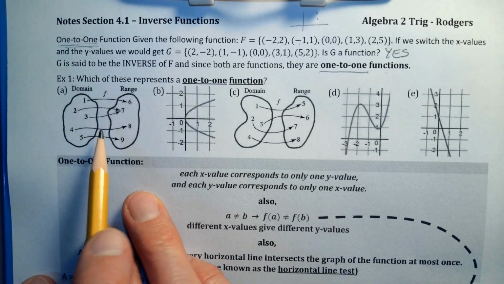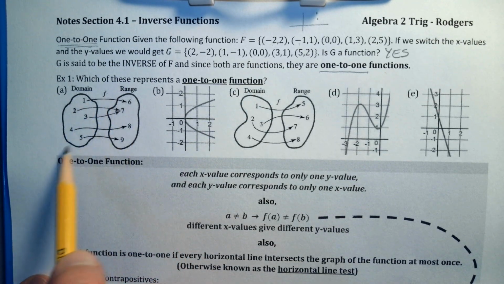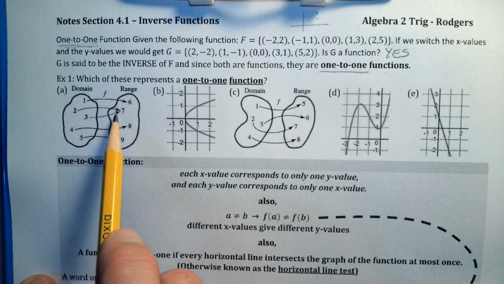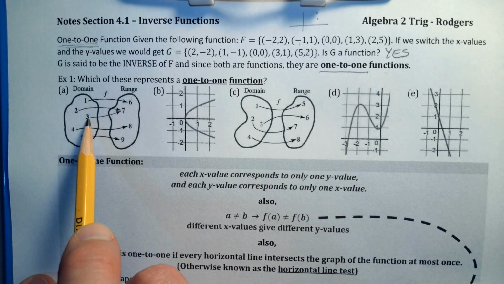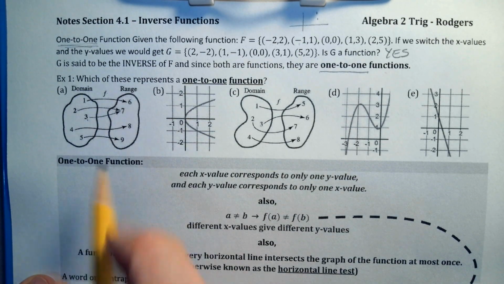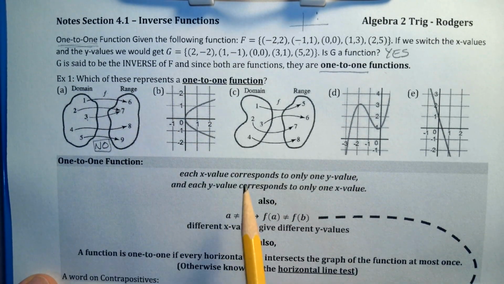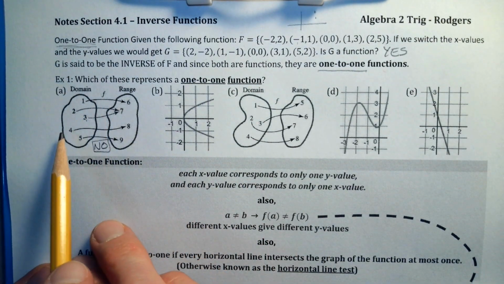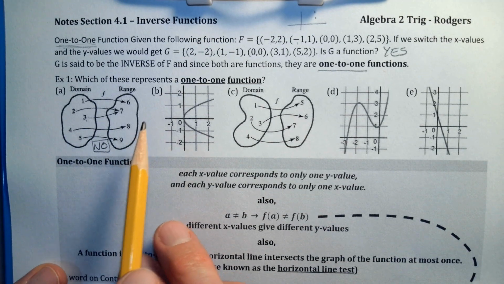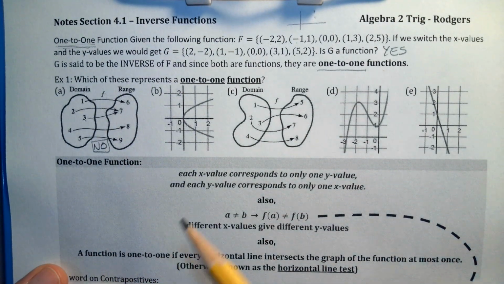But now if we took the inverse of f, the arrows are going the other way, and we would have 1 x value with 2 different y's if we reverse this. So this one is not one-to-one. The function they gave us, f, is a function, but its inverse is not a function.